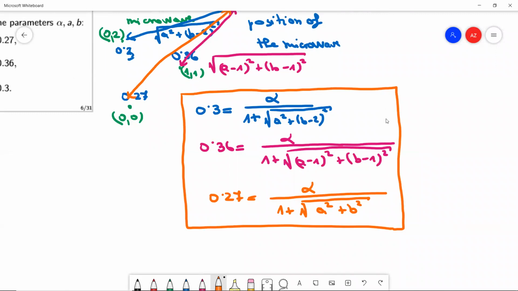So our task is to solve these 3 equations in 3 parameters. You can try by yourself to reduce the number of variables, or express one variable with others, and try to solve these systems. And you will see that it's impossible to solve it analytically.